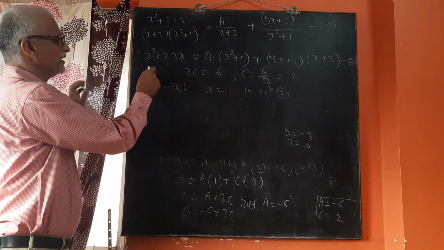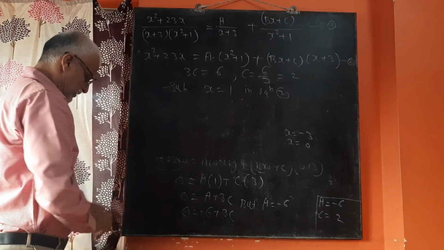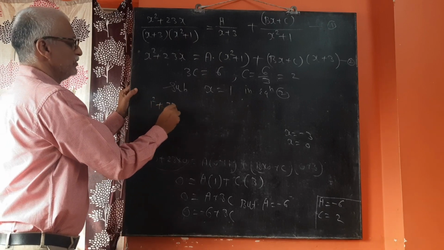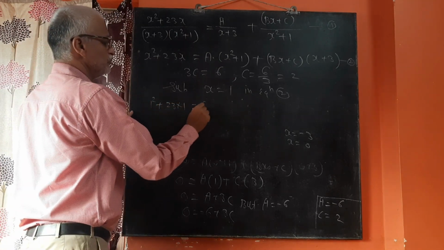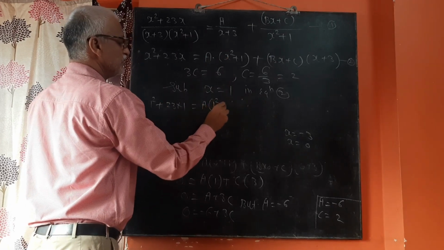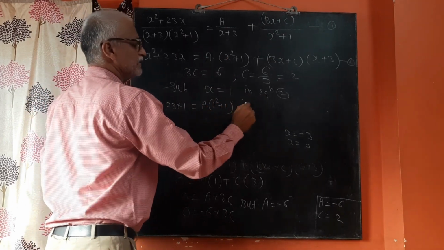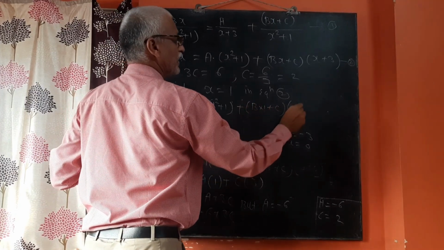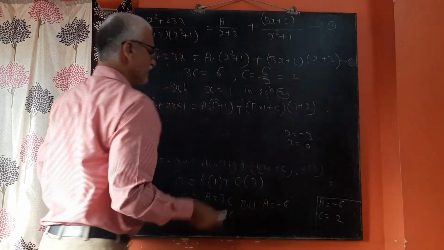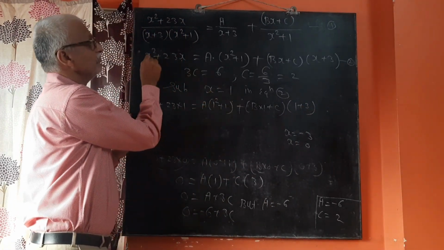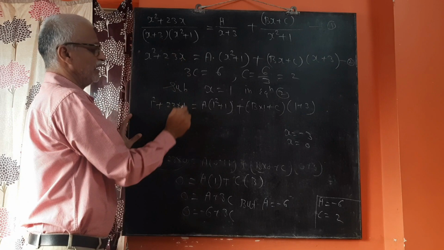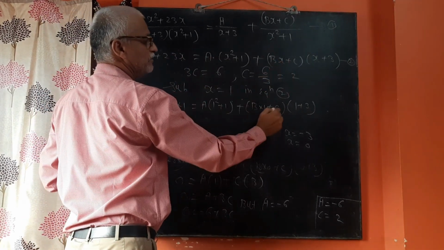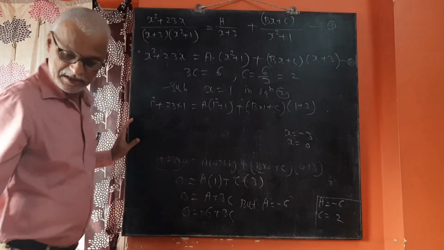Substituting x equals 1 here, 1 square plus 23 into 1 equals a into (1 square plus 1) plus (b into 1 plus c into 1) into (1 plus 3). Let us simplify it.